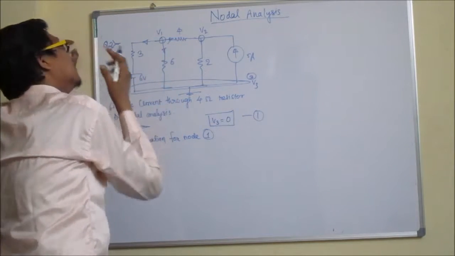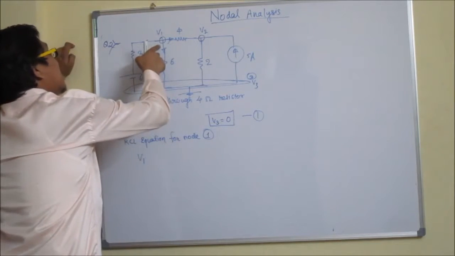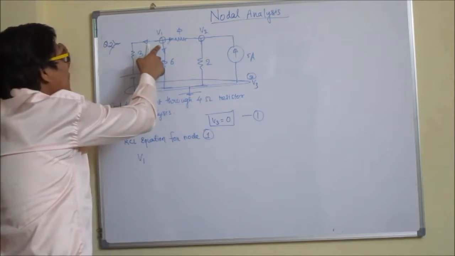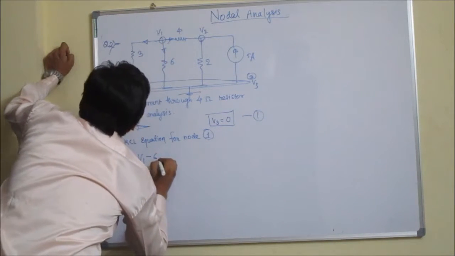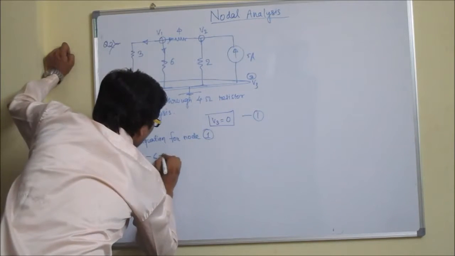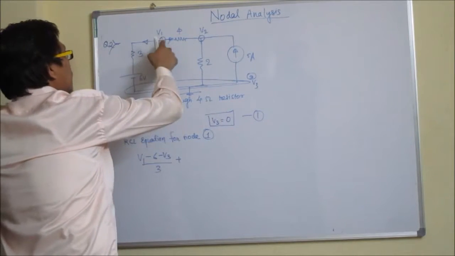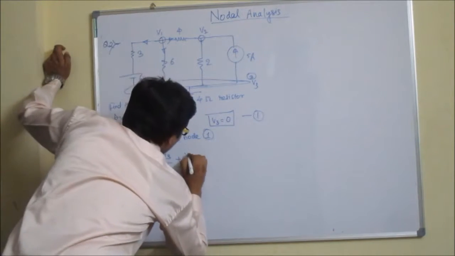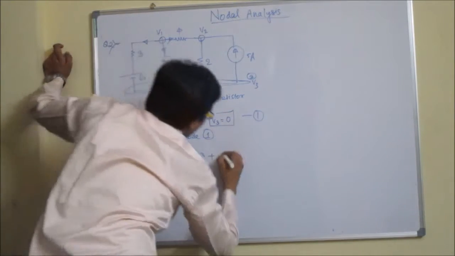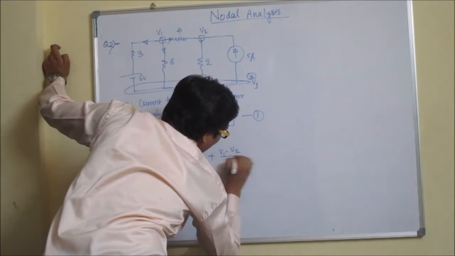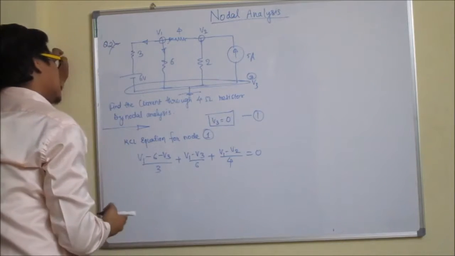Always we have to assume that. Therefore, (V1 minus 6 minus V3) divided by 3 plus (V1 minus V3) by 6 plus (V1 minus V2) by 4 is equal to 0.